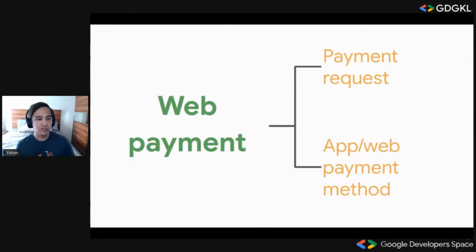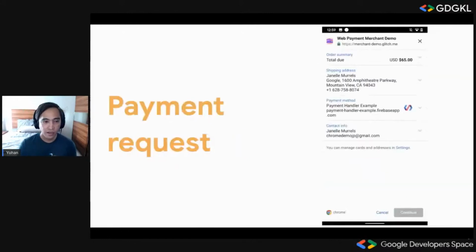But if you want to provide the easiest one again, there's a modern API that we already have. So to replace the checkout form, you can use the Payment Request API, and it will look like this. So Payment Request is basically a way to standardize the checkout form.